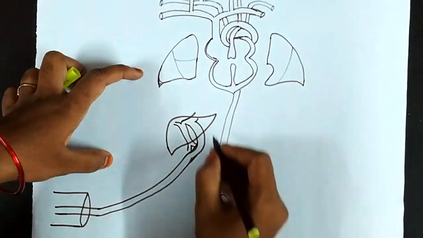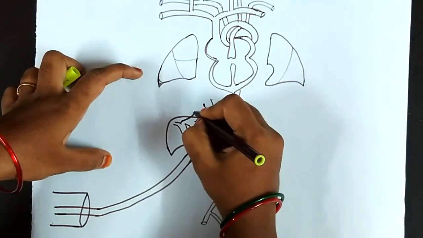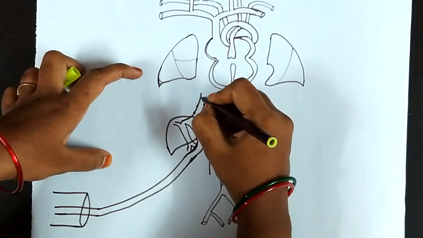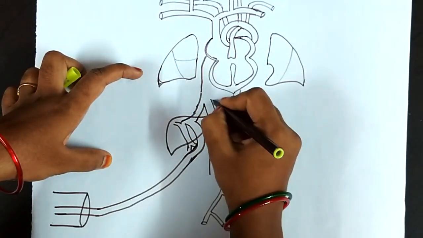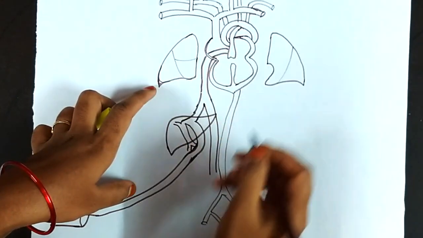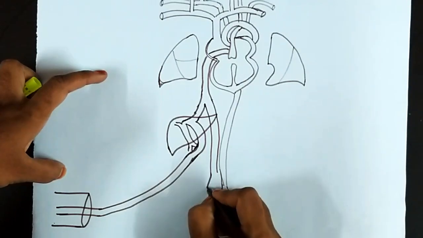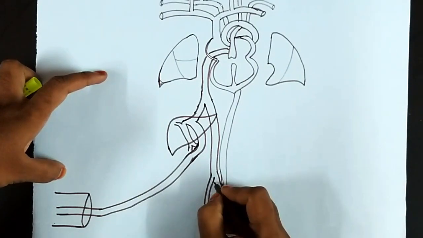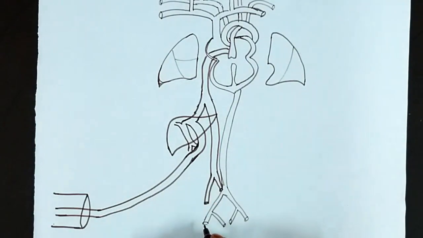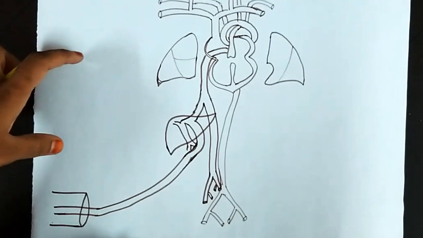This umbilical vein joins in the liver to form the ductus venosus. It joins with the portal vein to form the ductus venosus, and it joins with the inferior vena cava. Through the inferior vena cava, it drains into the right atrium.